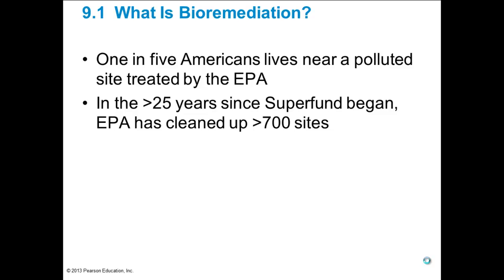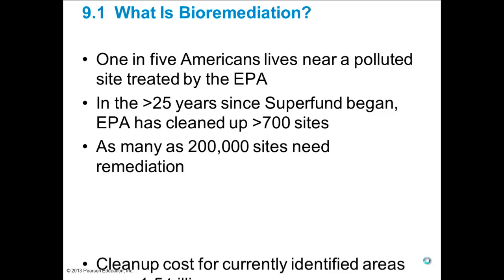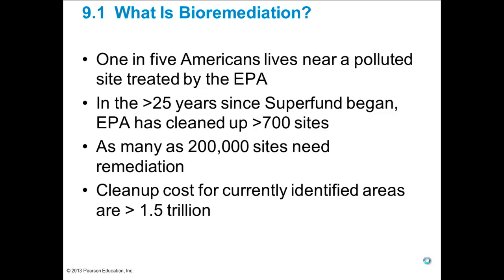And in the 25 years since Superfund began, this is an old figure obviously because it's been longer than 25 years since 1980, the EPA has cleaned up about 700 sites. However, as many as 200,000 sites still need remediation, so we still have a long ways to go. And the cleanup cost is in the trillions of dollars. Obviously, this eclipses the federal government budget, so there's no way that these sites can be cleaned up in a timely fashion.